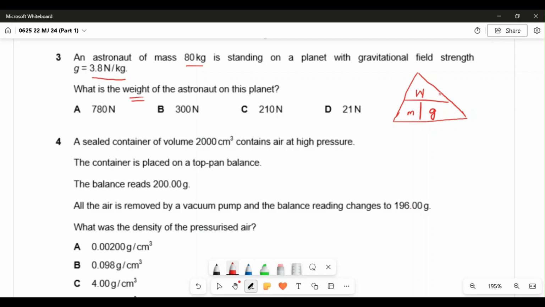So you need to find weight. Weight W is equal to the mass of 80 kg times 3.8 newton per kg. It gives me 304 newtons. In two significant figures, we know that it will be 300. So the correct option is B.